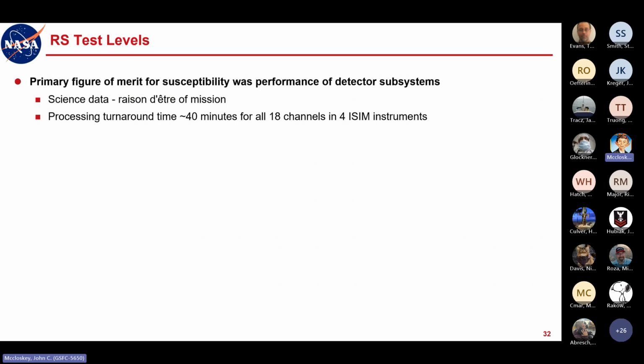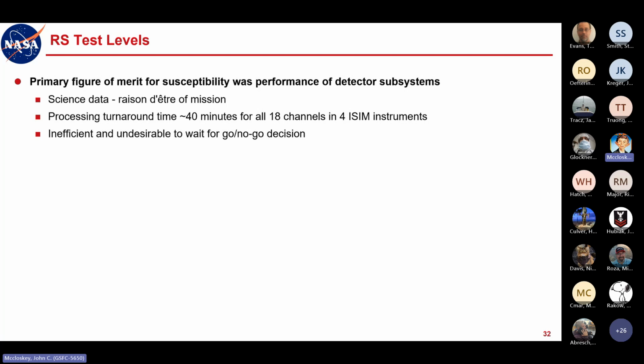They say, yeah, it's going to take about 40 minutes, give or take, 45 minutes to process all 18 of those channels to get some kind of assessment of whether we have a susceptibility or not. And that's a very inefficient and undesirable wait time.